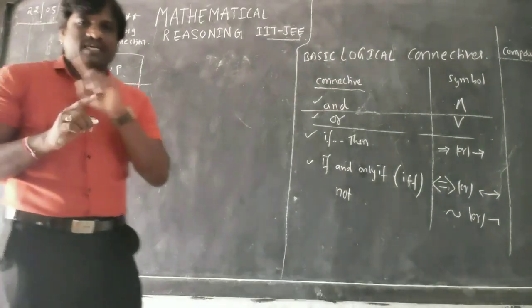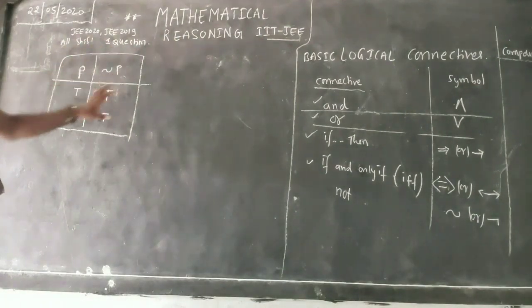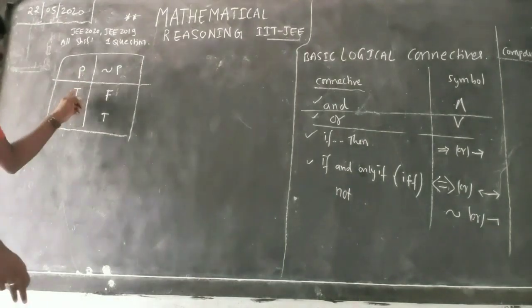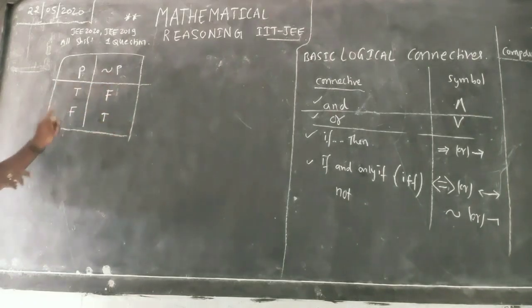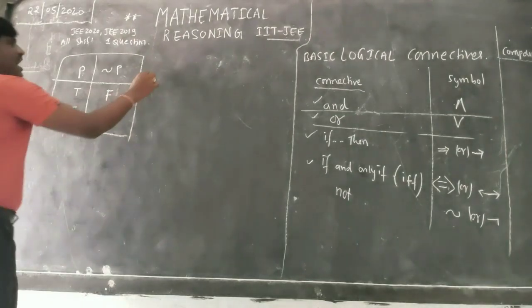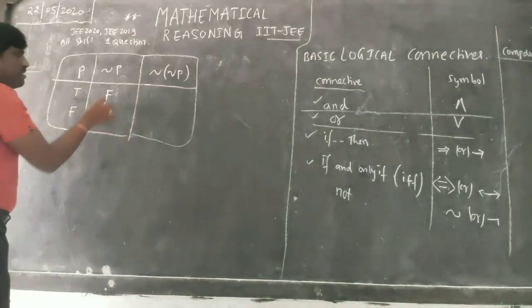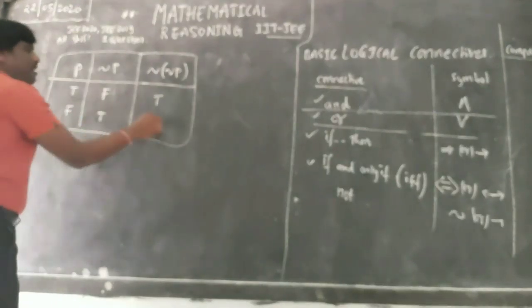Understood? This is the negation table. Every statement has two things, either true or false. In the negation, true will become false, false will become true. So if I use negation of negation, what am I going to get? Negation of negation means: this false, applying negation again, you get true, and this true will become false.